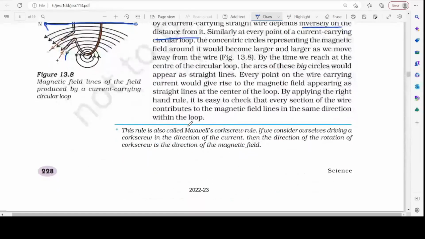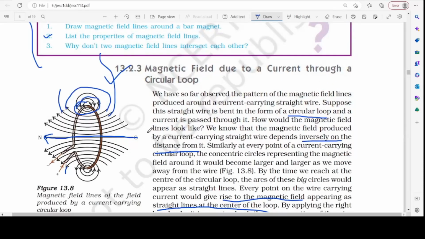Every point on the current carrying conductor will give rise to magnetic field, which will appear as straight lines at the center of the loop, as I already told you over here.